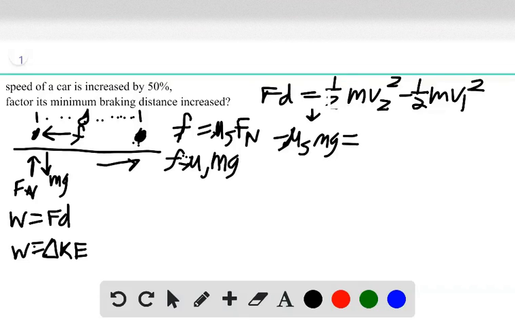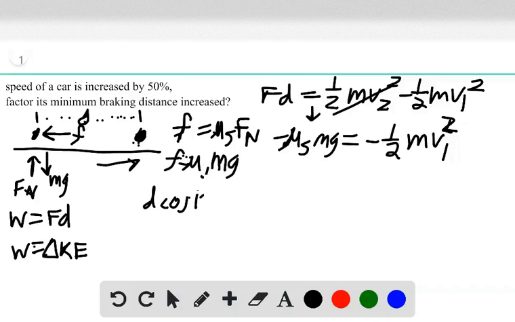equals, your final velocity here is 0, so this whole term is going to go to 0, minus 1/2 mv1 squared. Again, this negative comes from distance being d cosine, because the force is in the opposite direction. That's going to equal minus 1, because the force is in the opposite direction of motion.